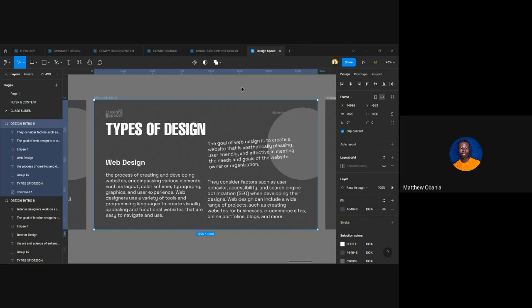They consider factors such as user behavior, accessibility, and search engine optimization when developing their design. Web design can include a wide range of projects, such as creating a website for a business, an e-commerce site, an online portfolio, a blog, and more. When they say SEO, imagine you go to Google and type Jumia.